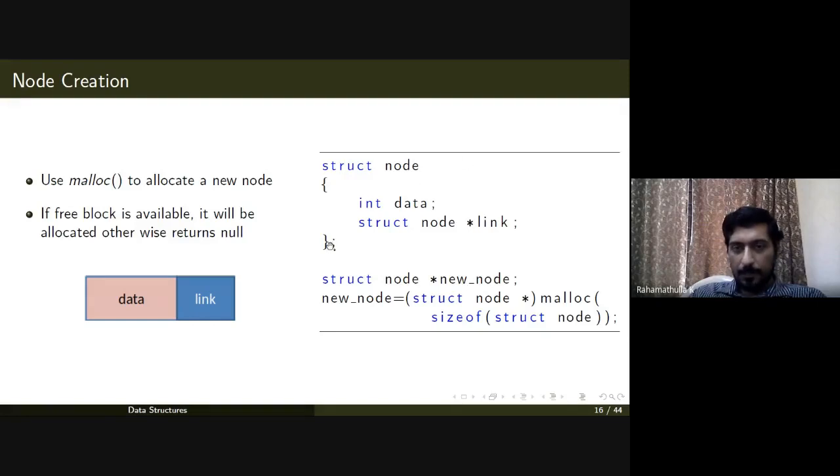So you create a structure, then you create another structure. You can link your first structure's pointer to the second structure by just assigning its address. So this link is of type struct node star. What that means is that you can store the address of this type of variable in your pointer.